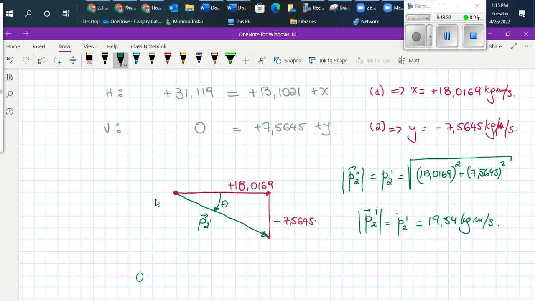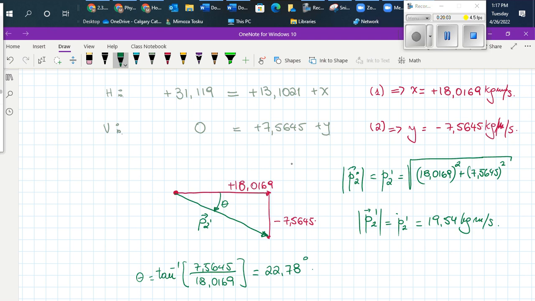The angle theta is the inverse tangent of 7.5645 over 18.0169, and then the angle will be 22.78 degrees.